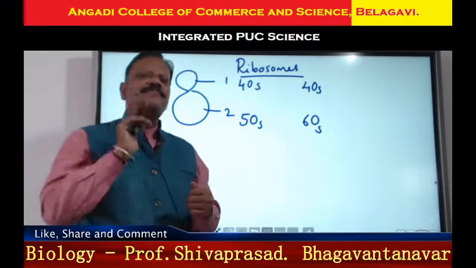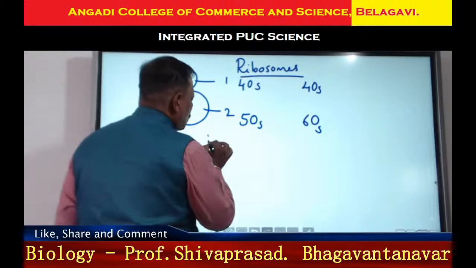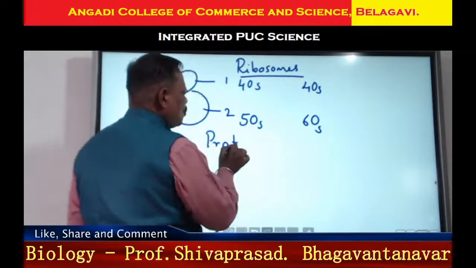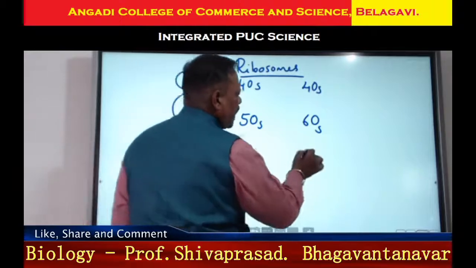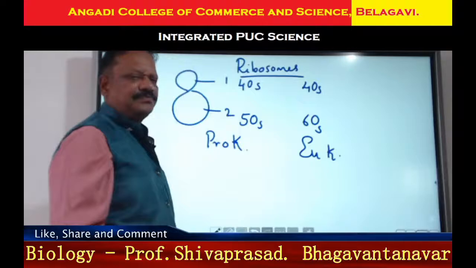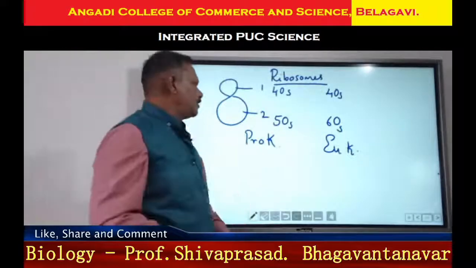Now, the ribosomes in prokaryotic and eukaryotic cells are differentiated.